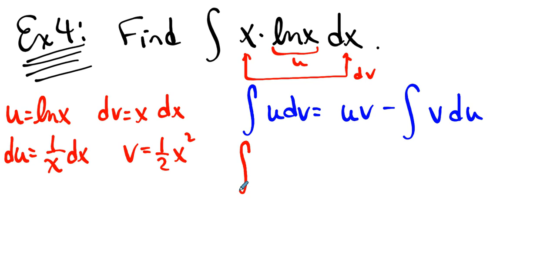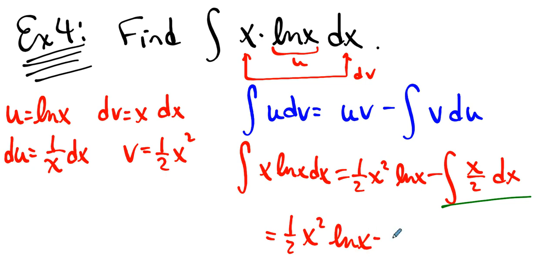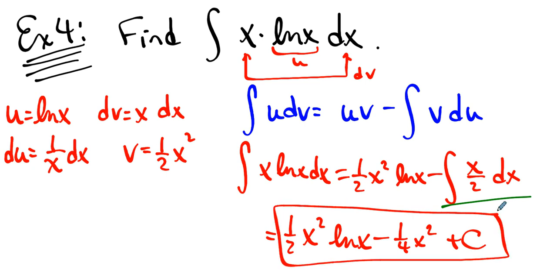So in this case, the integral of u dv is uv minus the integral of v du. Well, is that easier to deal with than what we had before? You betcha. The antiderivative here is just 1/4 x squared. And we got it.